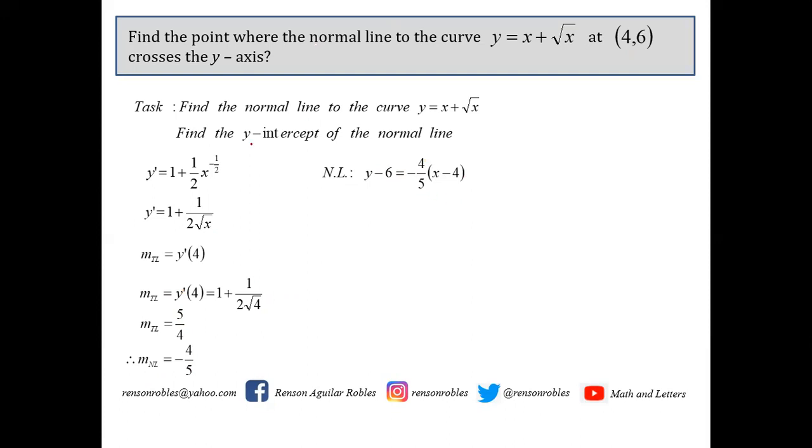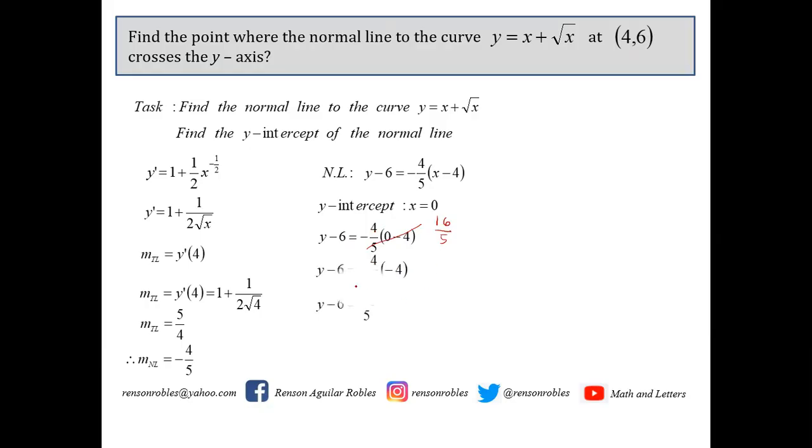And then since we're only looking for the y-intercept, and the y-intercept is obtained if we let x equals 0. So setting x equals 0, you have y minus 6 equals negative 4 over 5 times the quantity 0 minus 4. And you know that this 0 minus 4 is equal to negative 4, multiplied by negative 4 over 5. So that gives us positive 16 over 5.